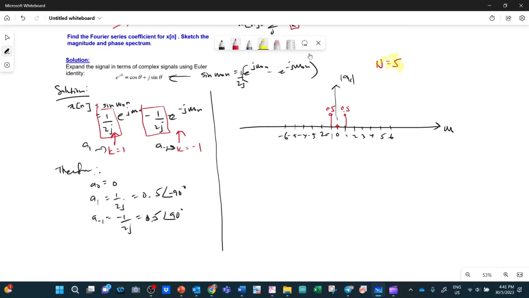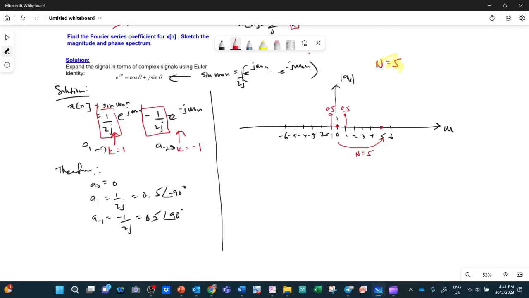So for N equal to 5, let's see where it is. You have 1, 0. N equal to 5 means you're going to repeat it every 5. So this represents the same as this point, so you have 0.